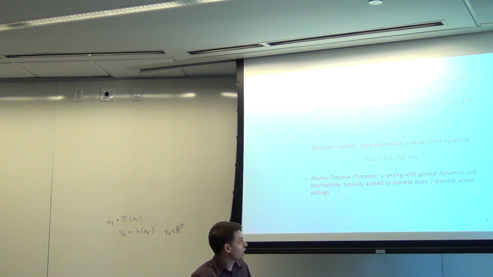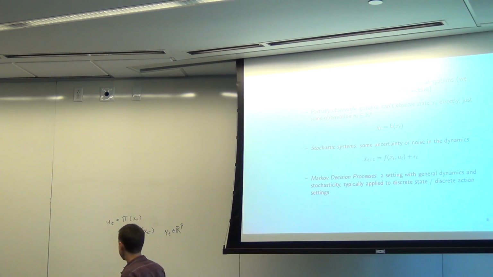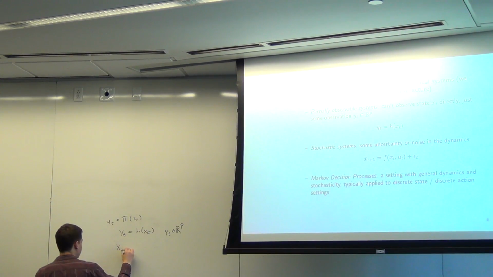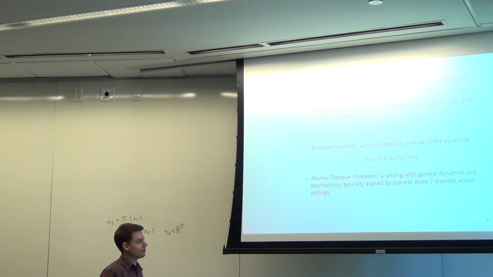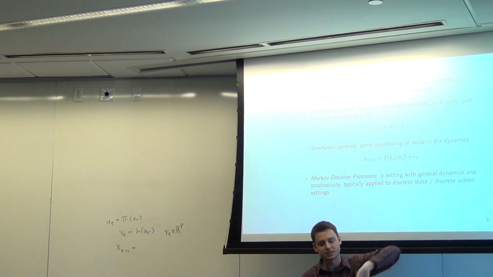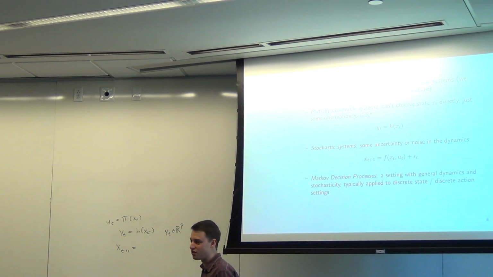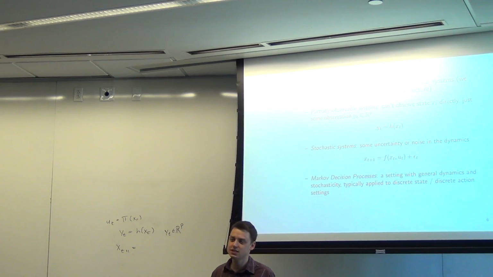Another extension we'll talk about a lot in this course is stochastic systems. What I wrote before is x_{t+1}, and we'll usually only talk about this in terms of discrete time systems. You can write stochastic systems in terms of stochastic differential equations too, but the notation there gets a little bit nasty, so we'll just do this for the discrete case.